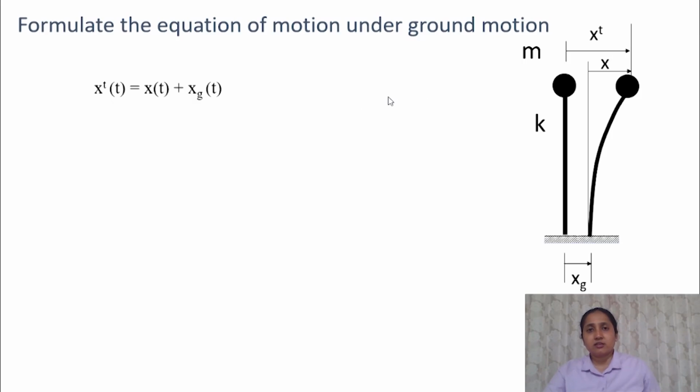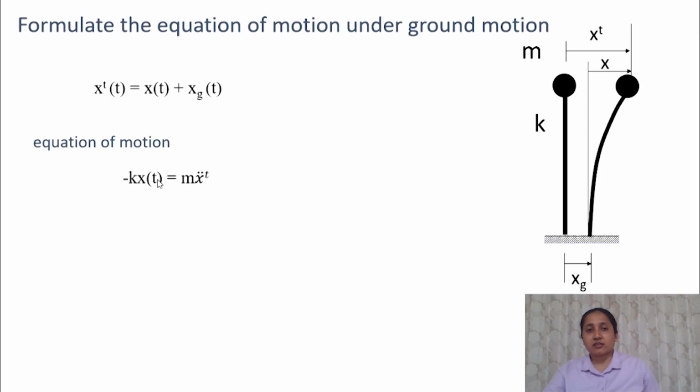Now let's write the equation of motion. If you consider this mass, there's only a spring force acting on the mass. If x is considered positive in that direction, the spring force will be in this direction. So it will be minus k xt.